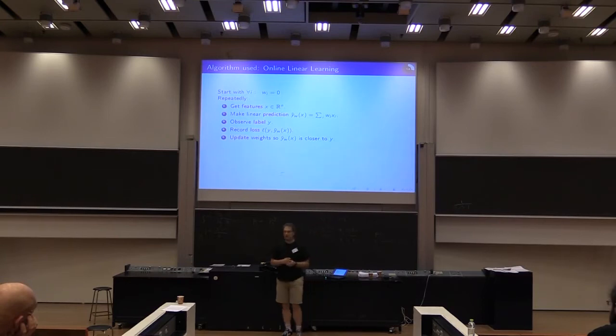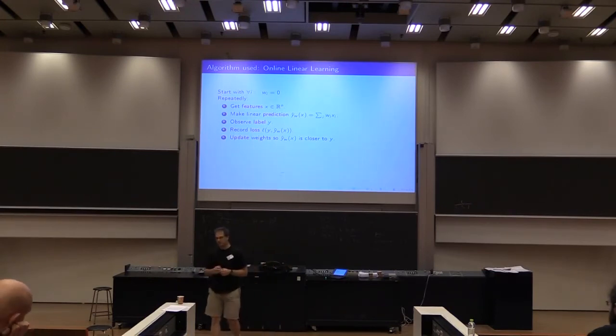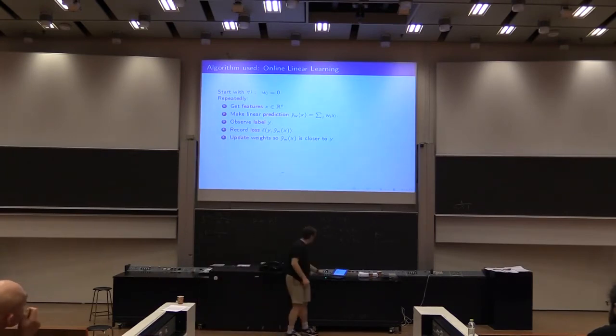Okay, so the algorithm that we used was not a matrix inversion. Instead, it was online learning. So online learning, I think, is becoming much more popular for obvious reasons. But the basic idea is that we start with some initial state. Maybe it's weights all 0, as it was here. And then you're just going to operate on one example at a time.